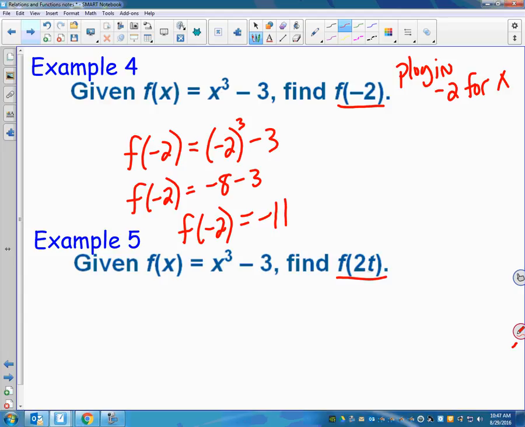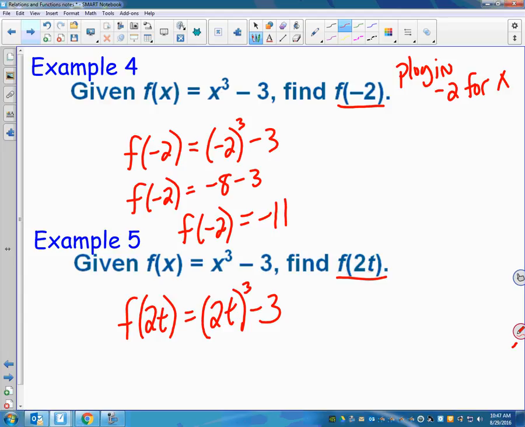I'm going to get an answer with t in it. So I replace x with 2t, and here I'll have 2t to the third minus 3. This doesn't really help when graphing, because how do I graph t? But it's good practice for the algebra.